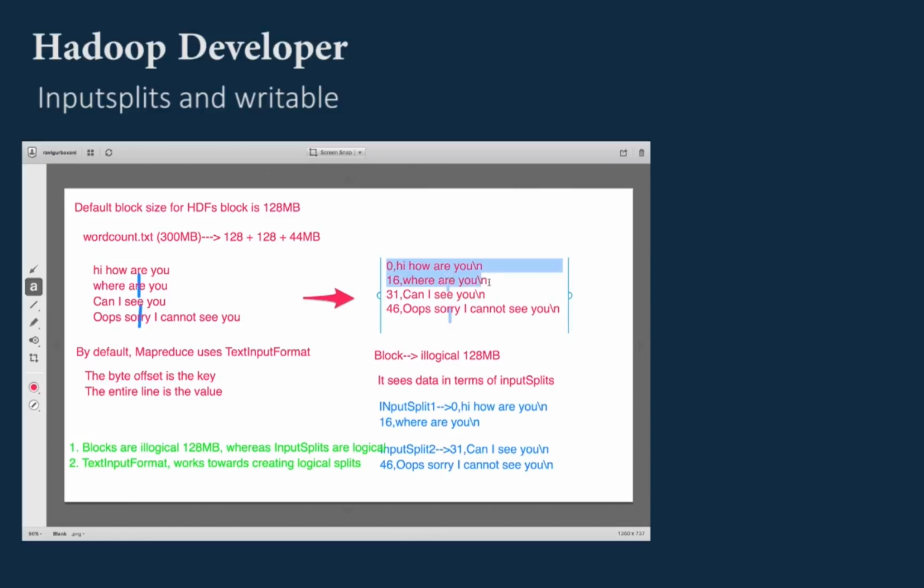So that becomes your input split 1, and input split 2 starts here and again sees something illogical and reads till the very end. So there'll be basically 2 input splits. So blocks are illogical and input splits are logical. TextInputFormat works towards creating logical splits. So it's the job of the input format.